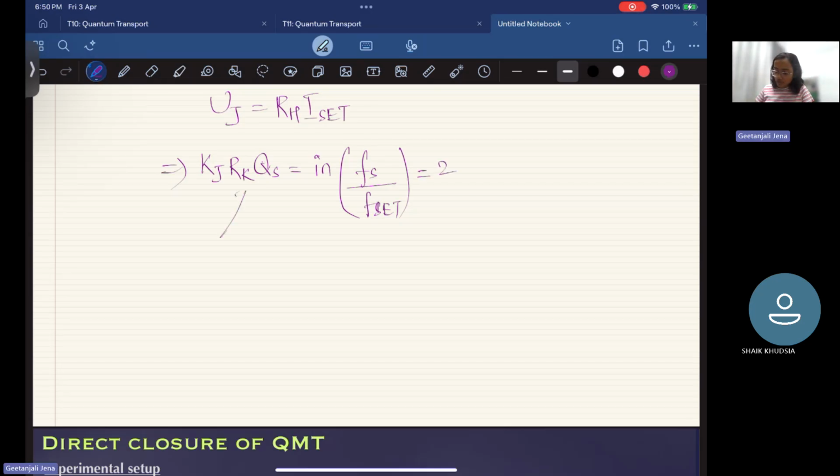That means if you want to calculate the accuracy of this Ohm's law, you need to check how this measurement deviates from this exact value of 2.